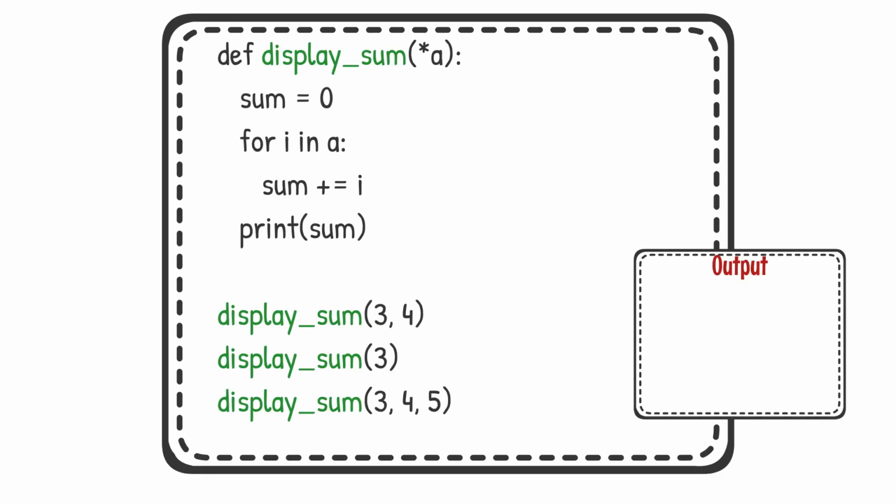A function can receive a variable number of arguments if the function parameter name is preceded by the asterisk. In this case, all the passed in arguments are converted to a tuple and passed into the function. Now, inside the function body, you can iterate the tuple to get all the sent in arguments.